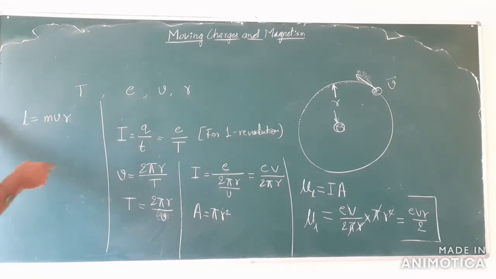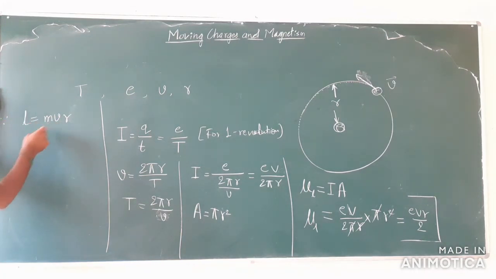Here p is the linear momentum, not the electric dipole moment. Since the angle between r and v is 90 degrees, L becomes simply equal to mvr for the revolution.